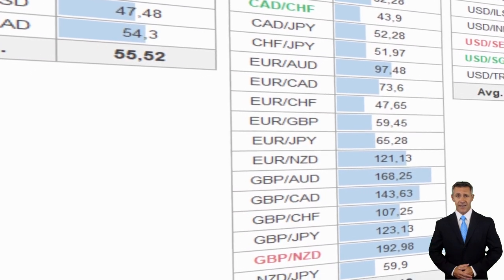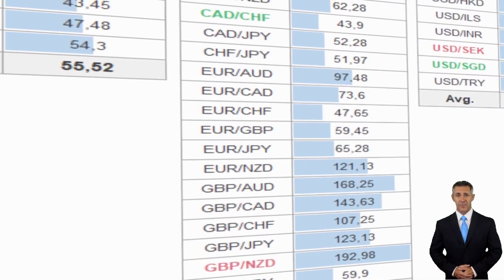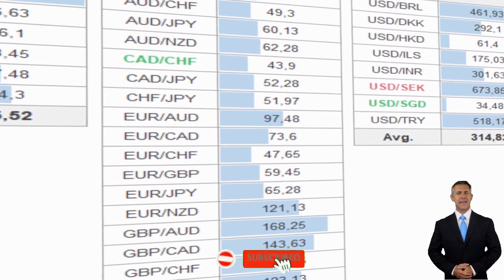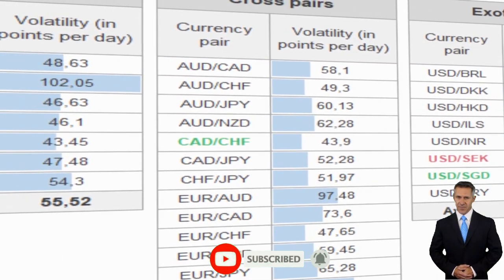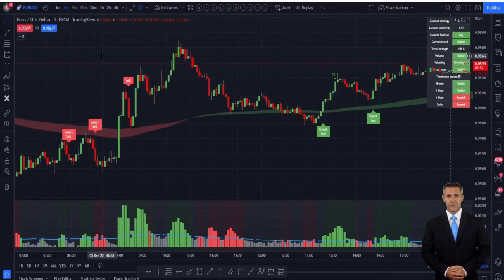With the exceptions of very low volatile pairs like Euro Swiss franc, pairs like that won't really work well with the strategy. You want to have more medium volatile pairs and then also more high volatile pairs, and that's just based off of how they move. You want to have some good movement with this scalping strategy.